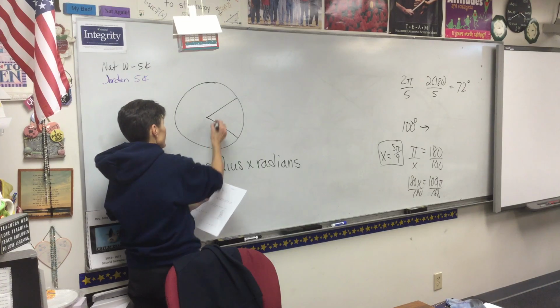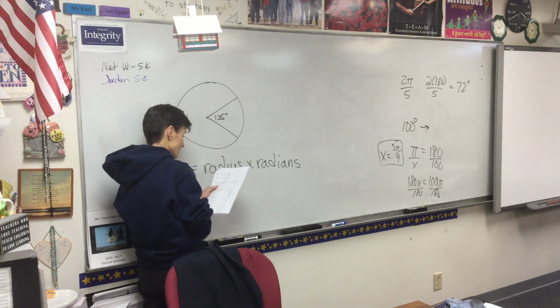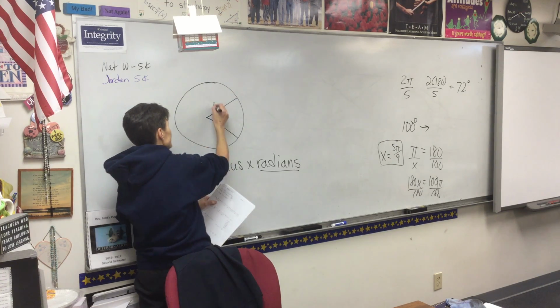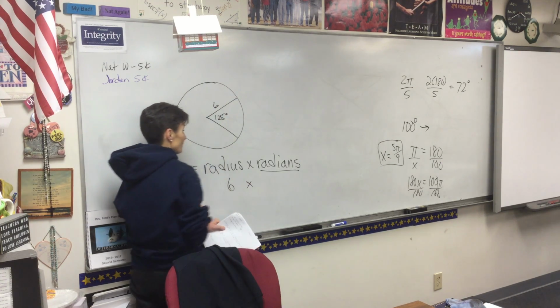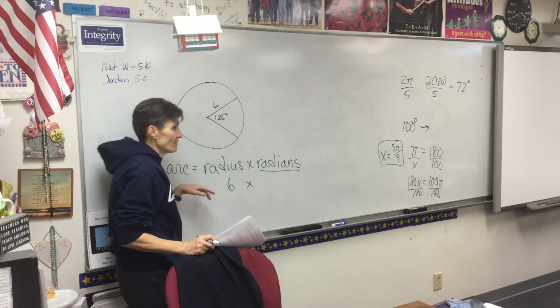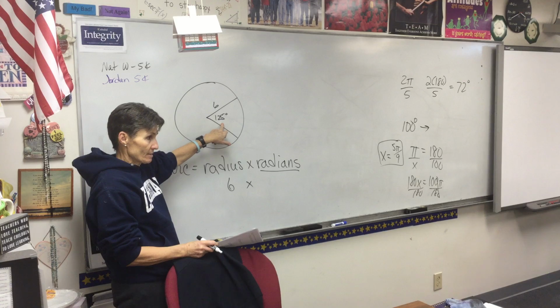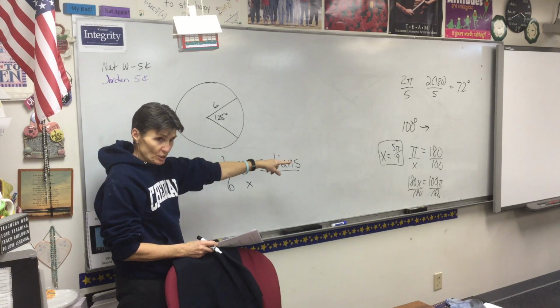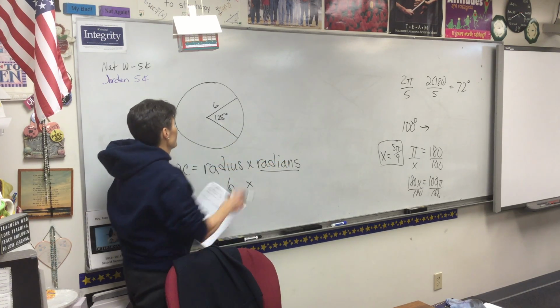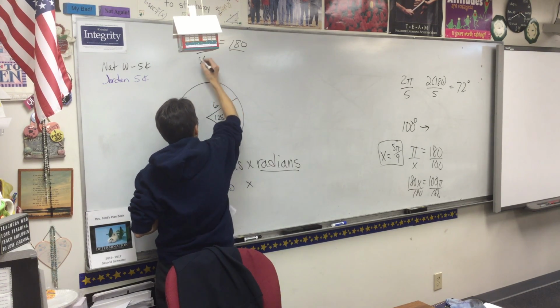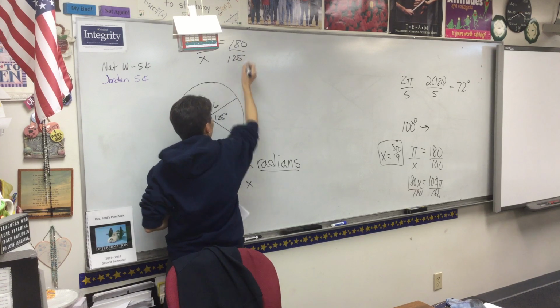We got an angle that's 125 degrees. That's a problem, right? And a radius that's 6. Okay, so that's good. But in order to find that arc length, I'm going to need that angle in radians. So I'm going to do what I just did. Pi is 180. So what is 125?